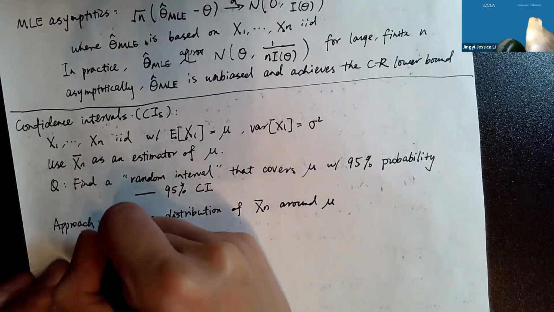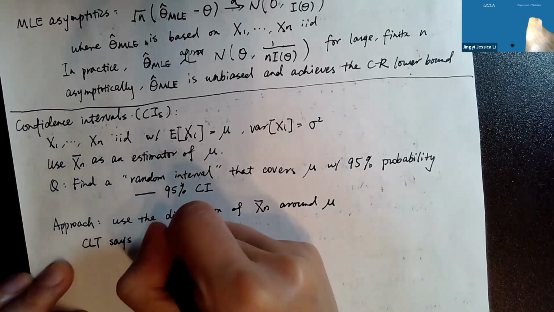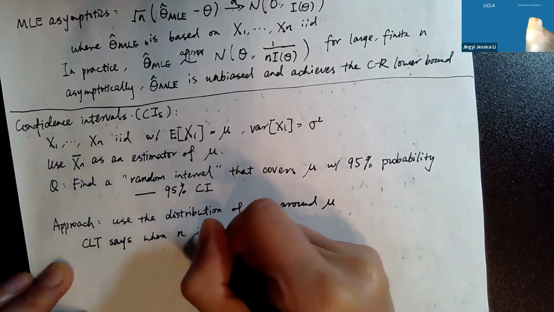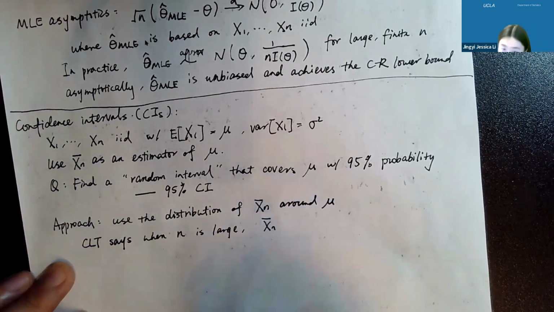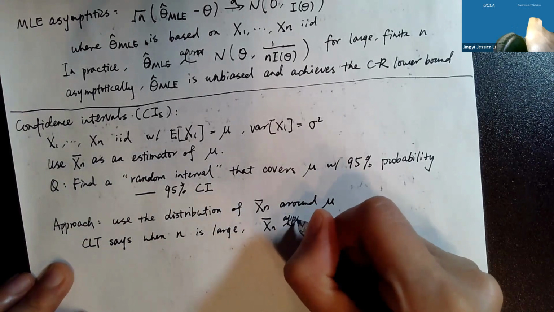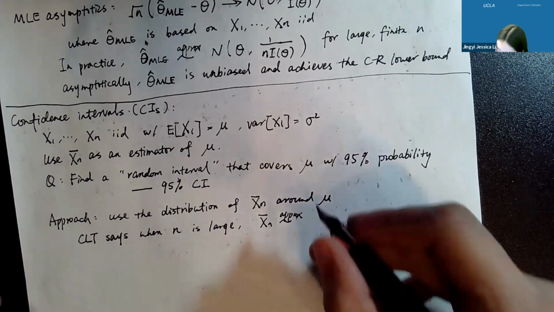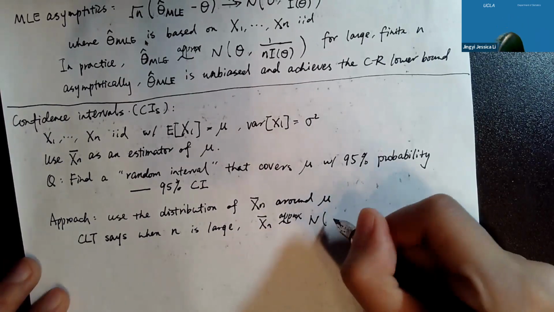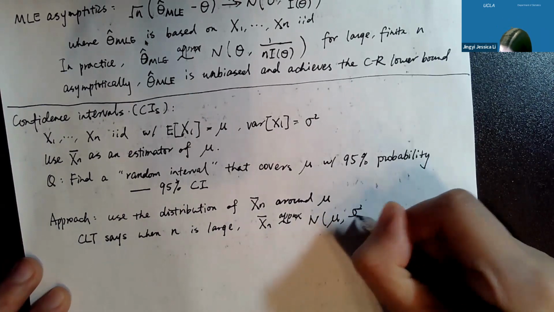CLT says when n is large, X_n bar follows approximately, and sometimes we just ignore the approximation, a normal distribution with mean mu, so you see mu enters here, and variance sigma squared over n.